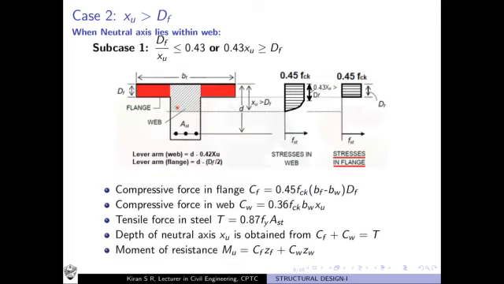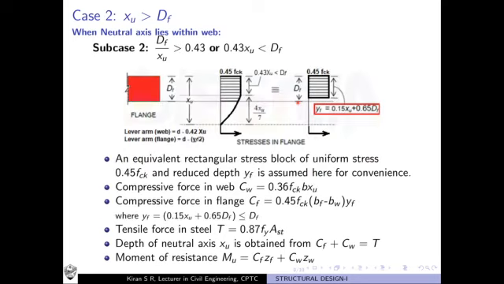The web portion has the same stress diagram, but in this subcase we are changing only the stress distribution diagram for the flange, because there is a parabolic region also coming inside the flange. To avoid it, we are replacing this stress distribution by something like this.